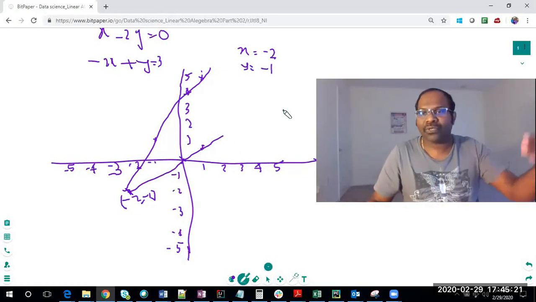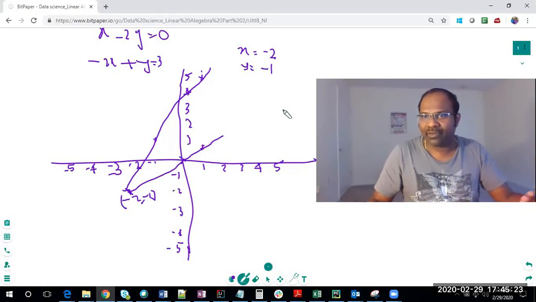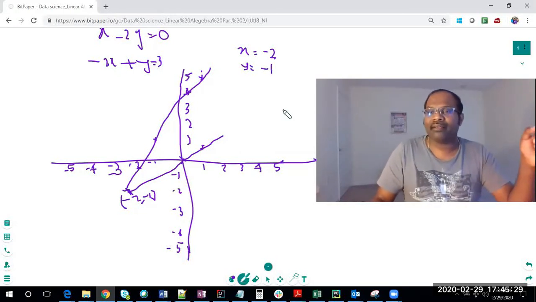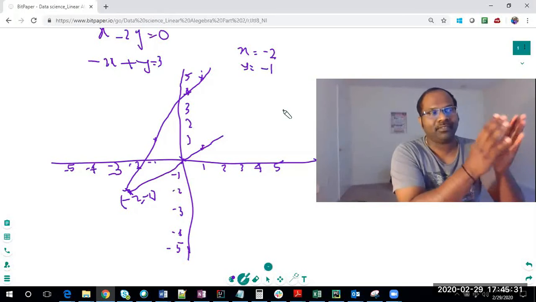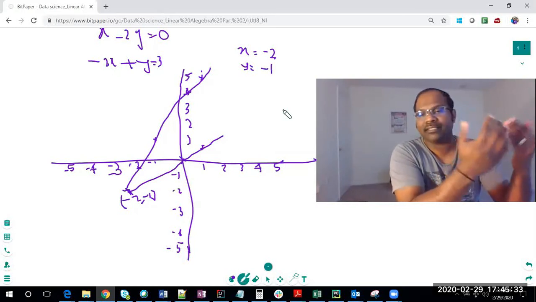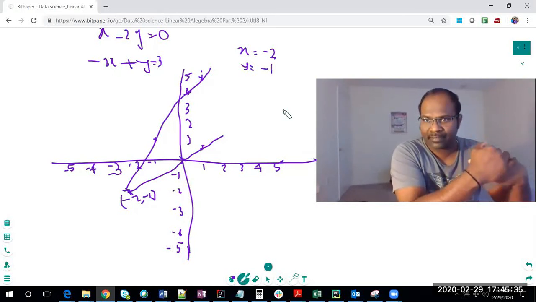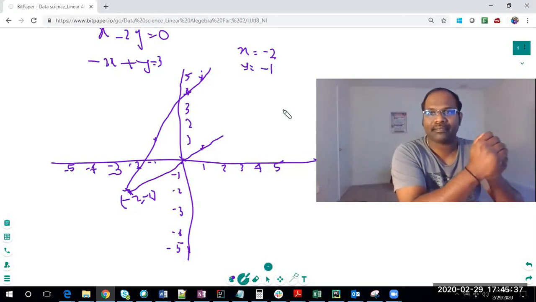So now let's go to the column presentation, or column way of pictorial representation of this equation, where we will convert this equation into matrix and vector format.